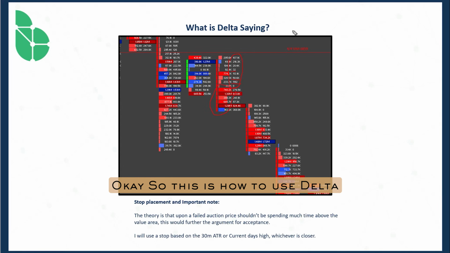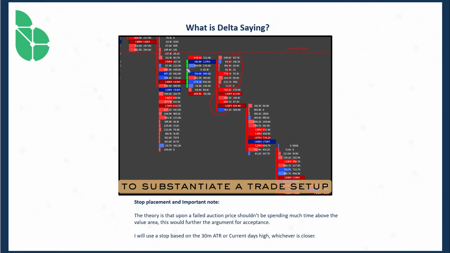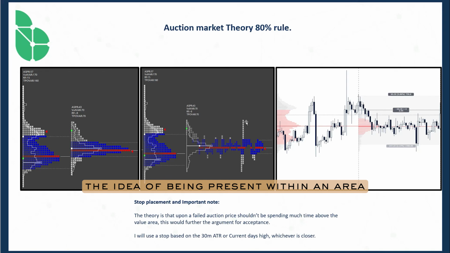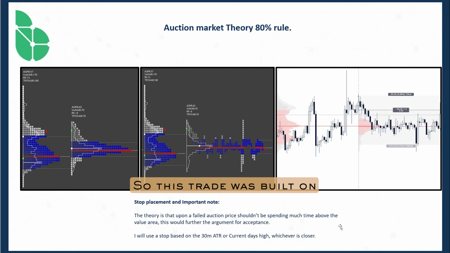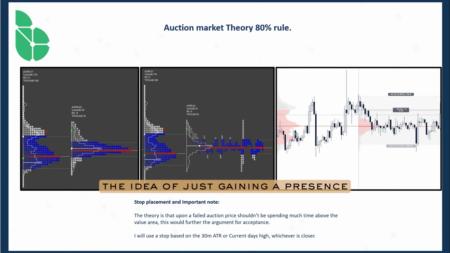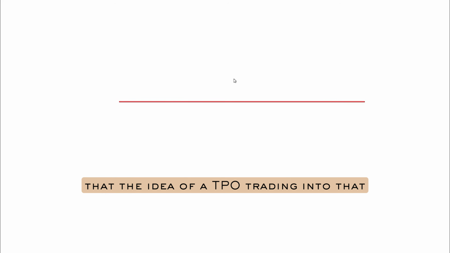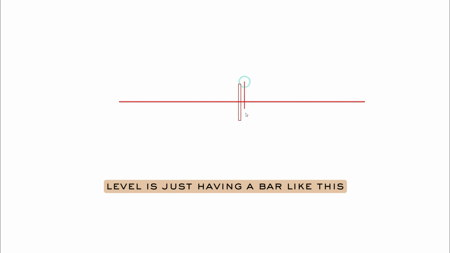Okay, so this is how to use delta to substantiate a trade setup that is primarily built on the idea of being present within an area. Okay, so this trade was built on the idea of just gaining a presence within the area. And when I say presence, I mean if we're looking at a chart and this is a level, the idea of a TPO trading into that level is just having a bar like this or like this that probed into the level.